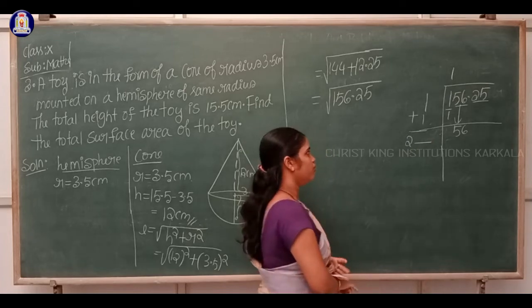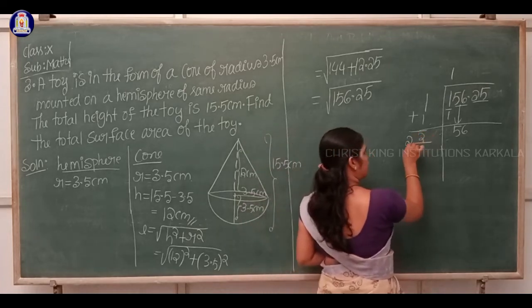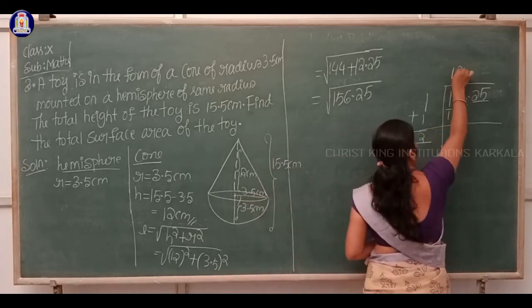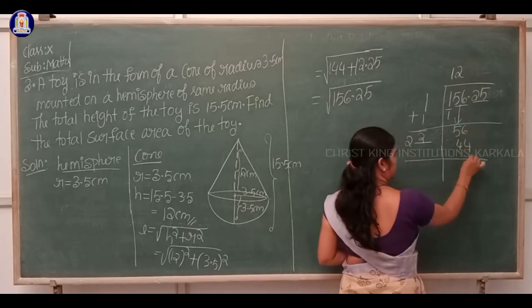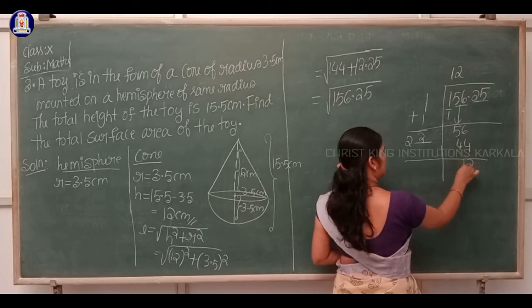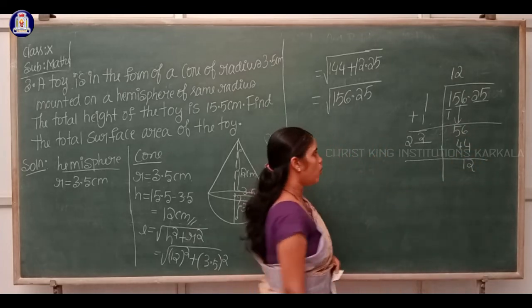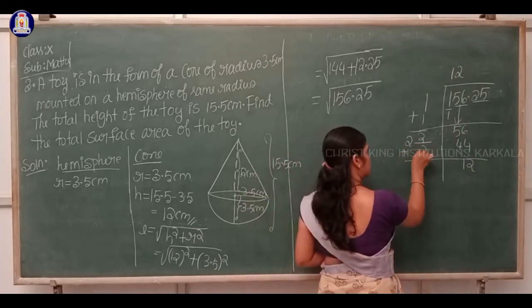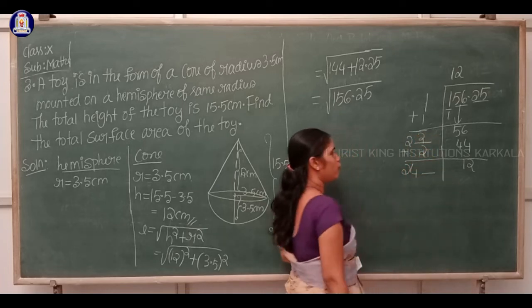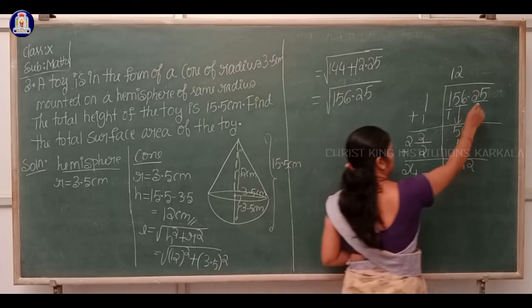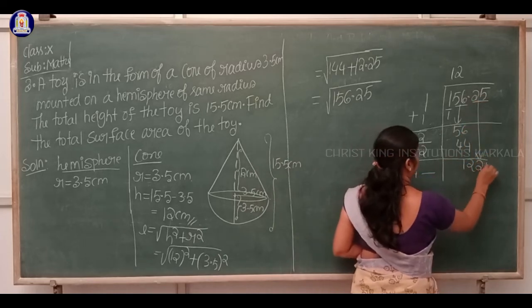If I take 2, 22 into 2, how much? 44 you will get, isn't it? So 56 minus 44 is 12. Here add 2. 22 plus 2 equal to how much? 44. Again I'll bring down the next group, that is 25.